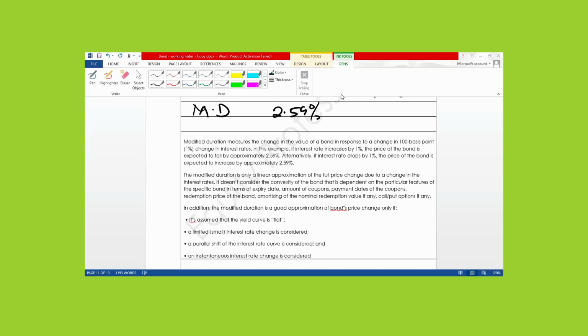It does not consider the convexity of a bond, which depends on the particular features of the specific bond in terms of expiring dates, amount of coupon, payment dates of the coupon, and redemption price of the bond.